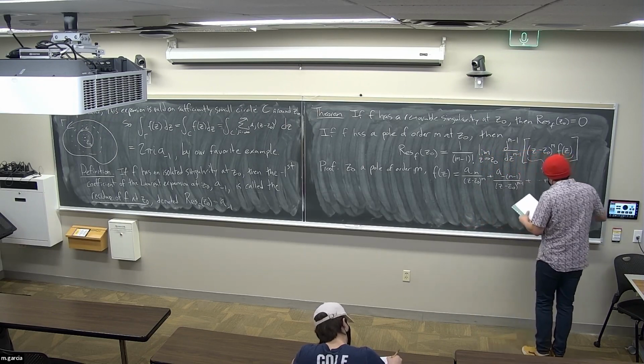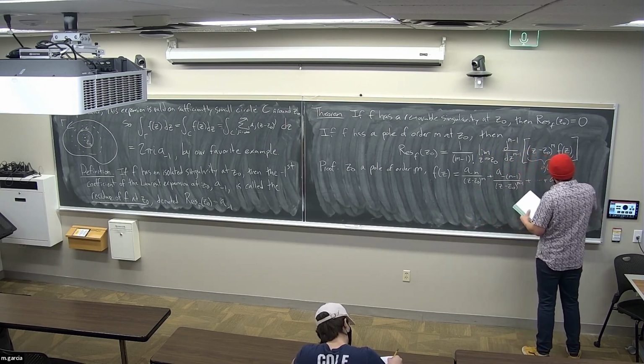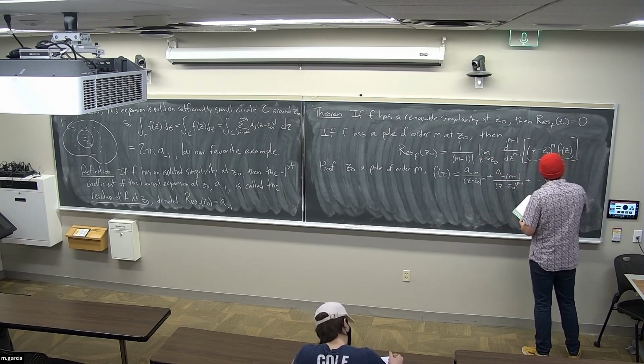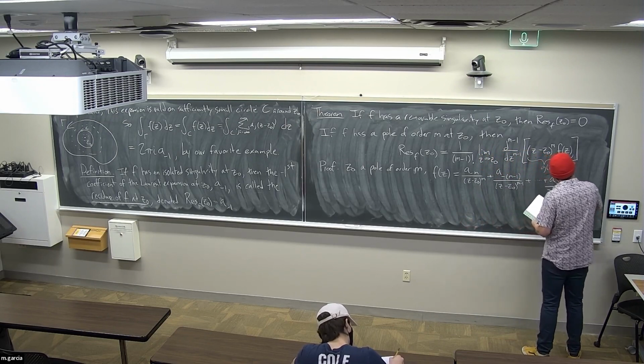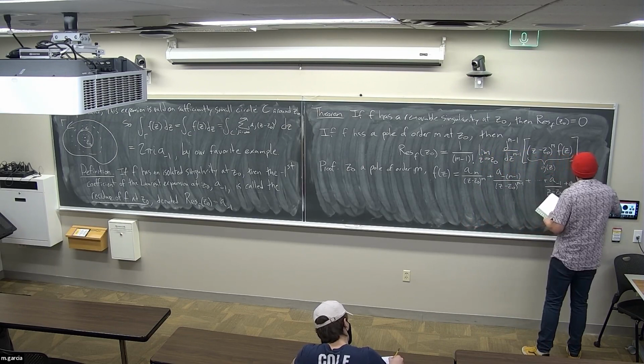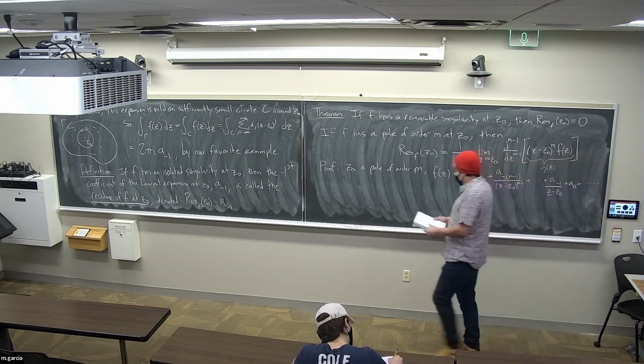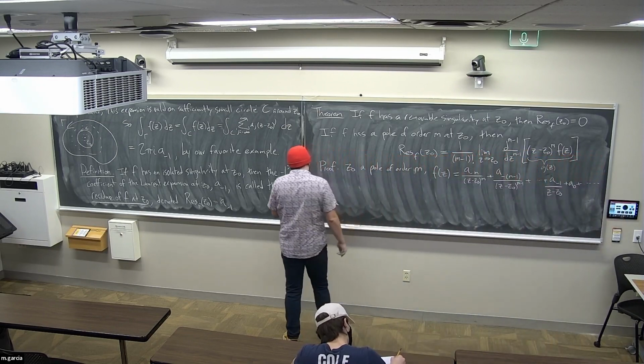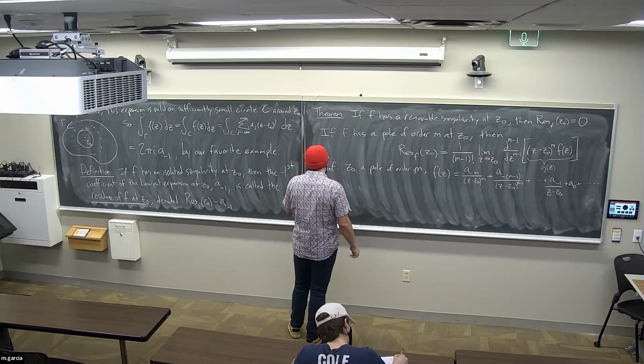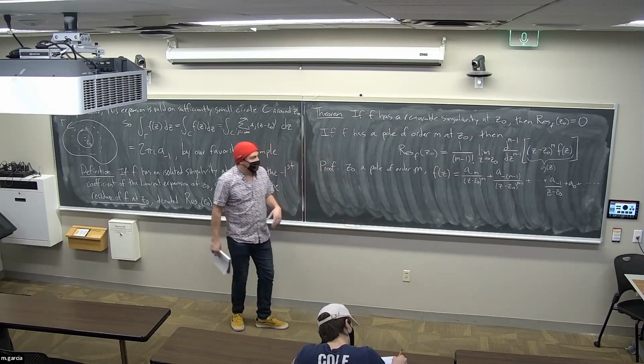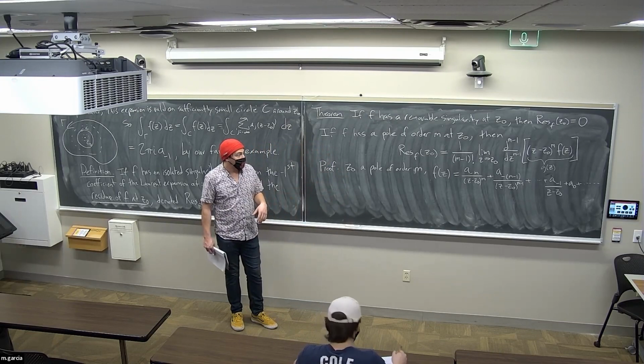I'll write a few extra terms here, just because it may help clarify things, or maybe not. Okay, so now let's just multiply both sides of this by z minus z naught to the m.